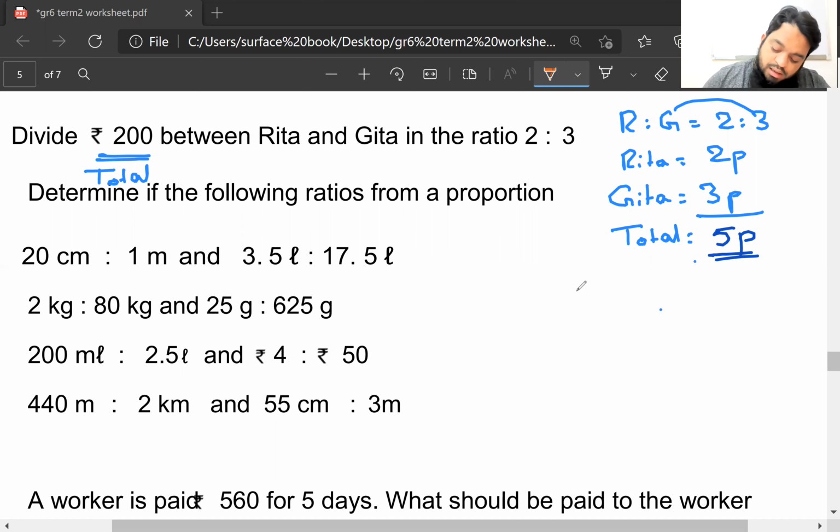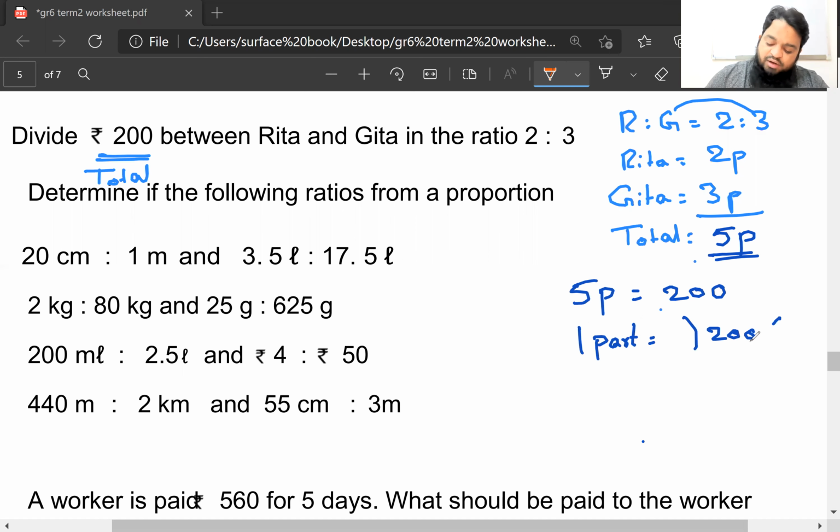So 5 parts is equal to 200. So one part is equal to how much? What you have to do is 200 divided by 5. So 5 fours are 20 and bring down 0. In 0, 5 zeros are 0. So once you get a remainder, you should not divide. So what is equal to one part? One part is equal to 40 rupees.